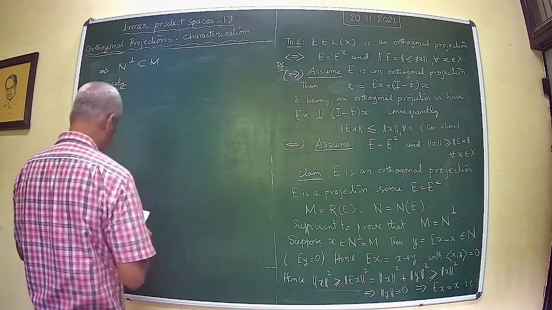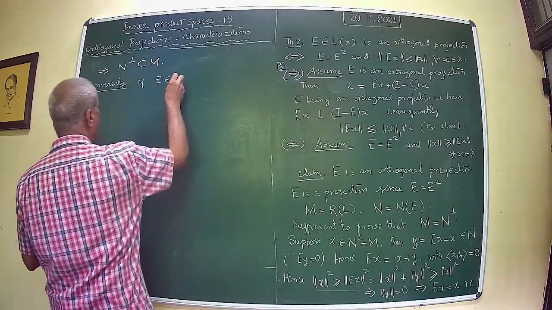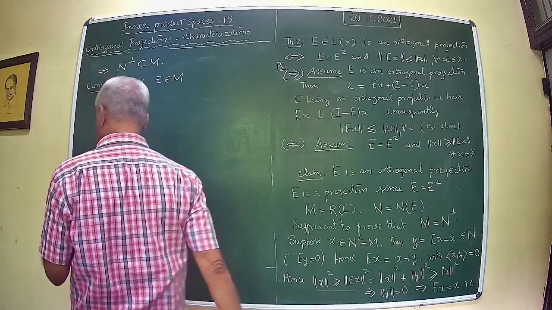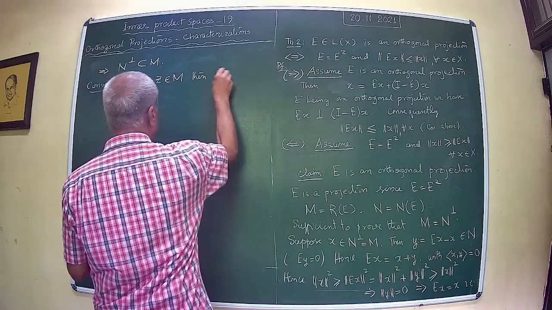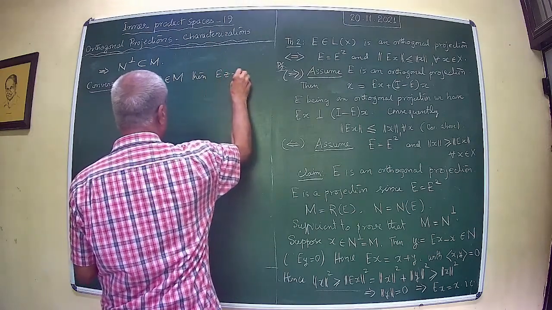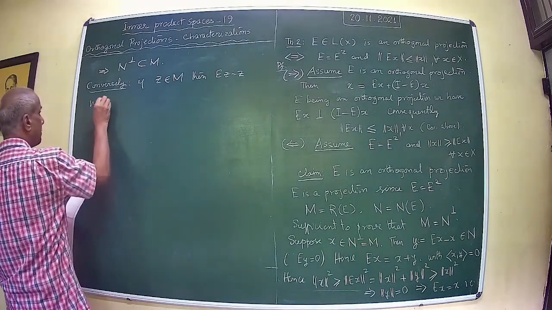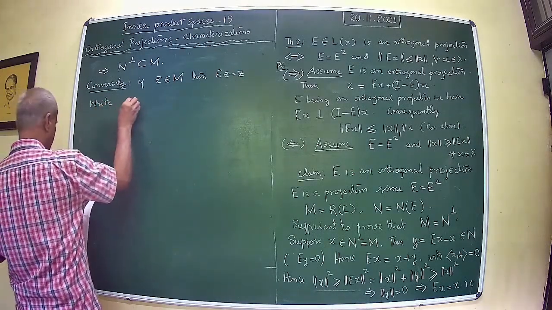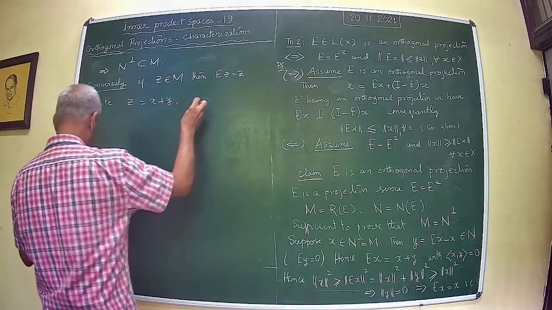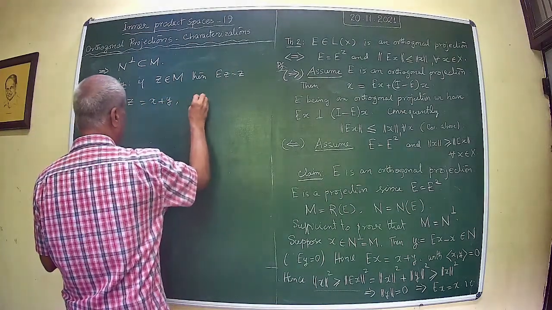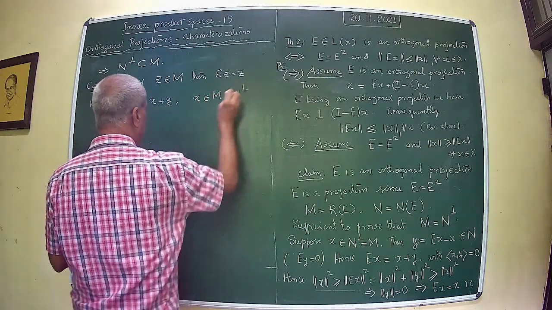Conversely, if Z belongs to M, the range of E, then Ez equal to Z, right? Where Z equals x plus y, where x belongs to M, which is equal to N perp.